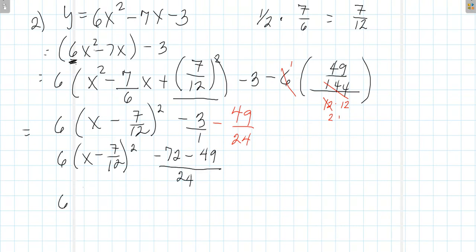So 6 times x minus 7/12 squared, minus 72 plus 49, negative 121/24.